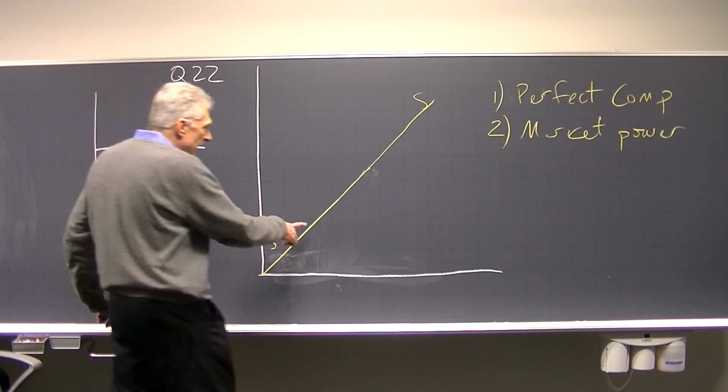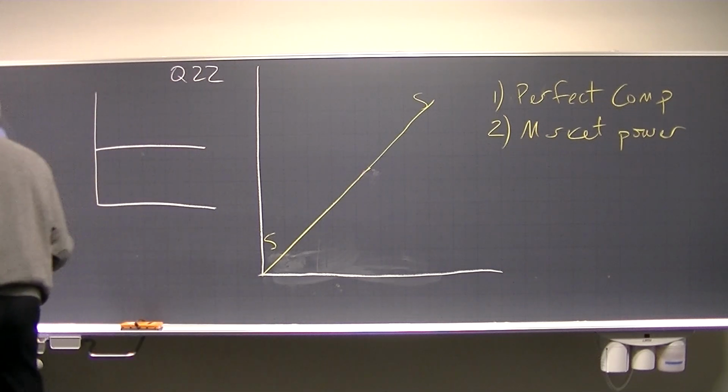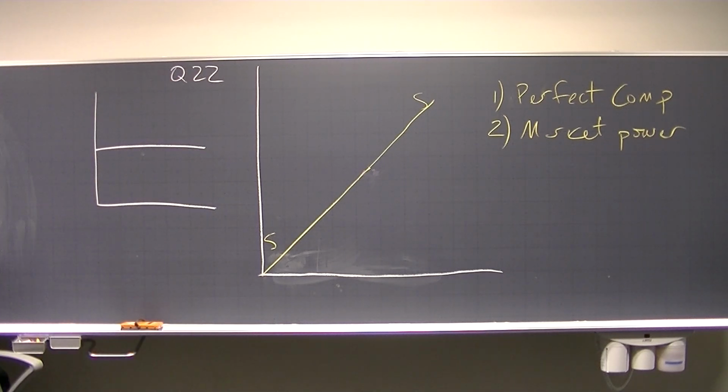It's just like marginal revenue. Here's a demand curve. That's a marginal revenue curve. That is the derivative.